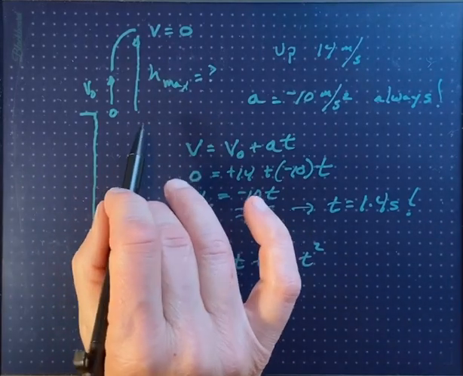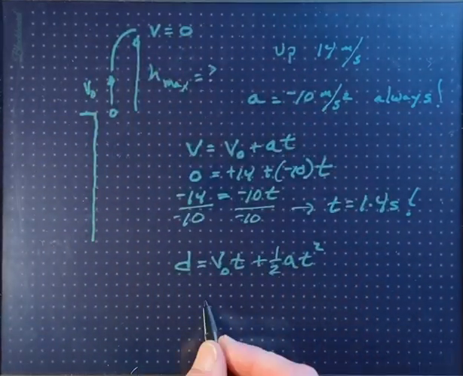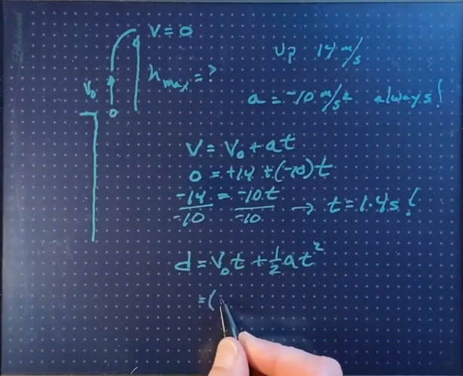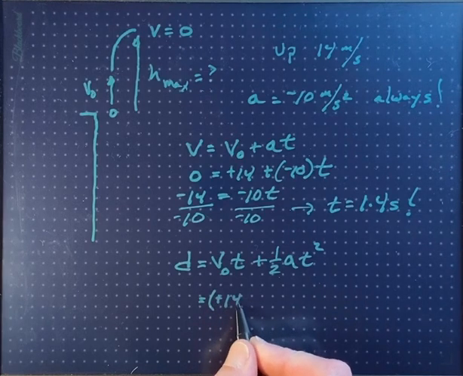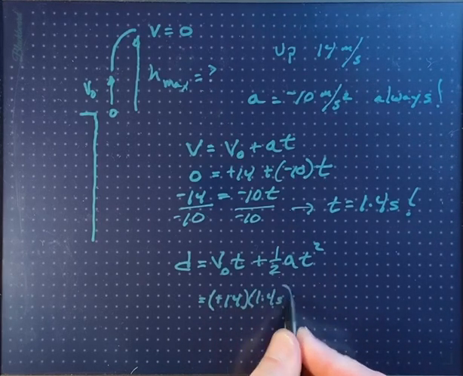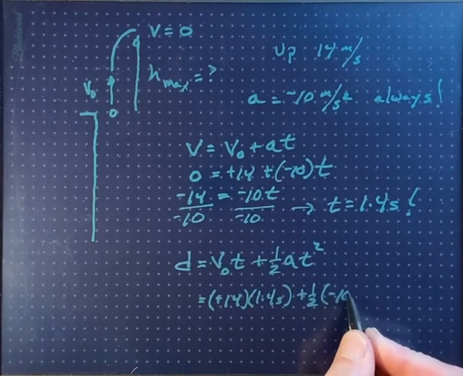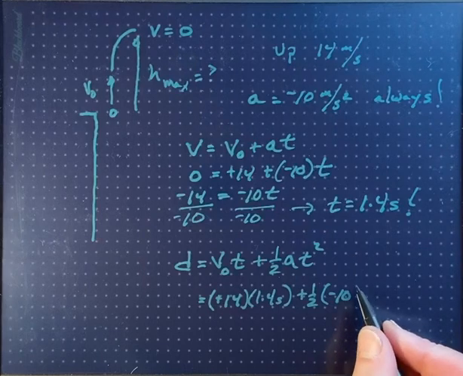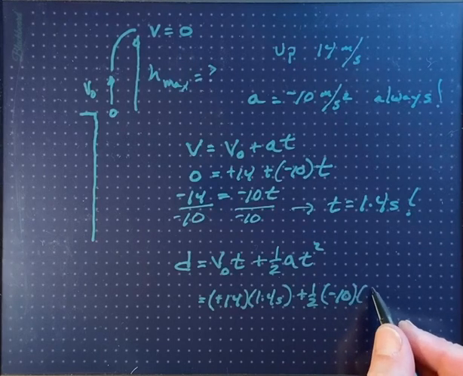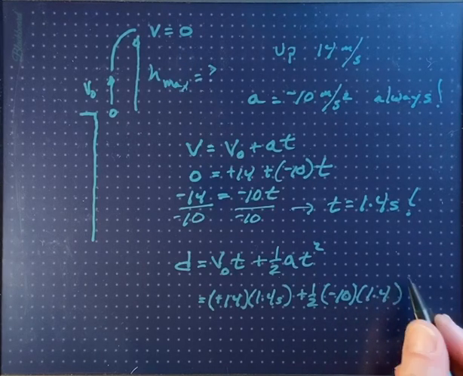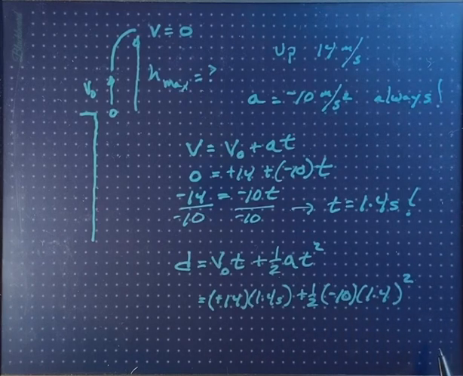And then to figure out how far up it went, we can plug things into here. So up at 14 meters per second, the time is 1.4 seconds. The acceleration is always minus 10 meters per second squared in free fall. And you've got to multiply all these numbers out.